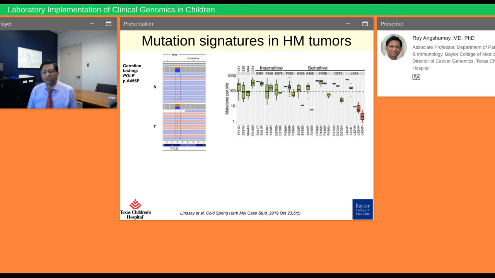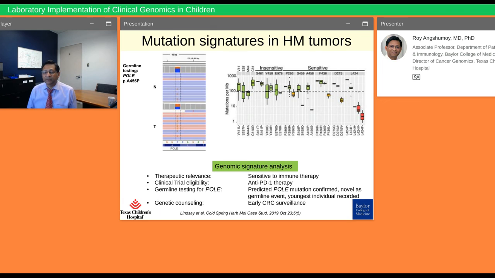And so here we show that we actually did then go in and find a polymerase E mutation in the germline. On the top, you can see this is normal or germline, and on the bottom, you can see tumor. You can see there's a mutation in POLE, the polymerase epsilon, that would lead to an alanine at 456 being converted to proline. This is a well-known hypermutator mutation in POLE.